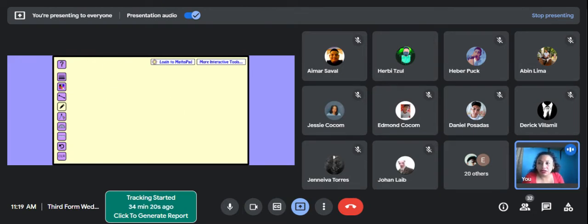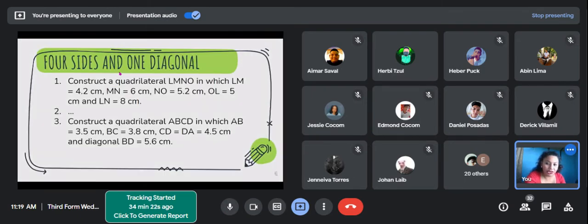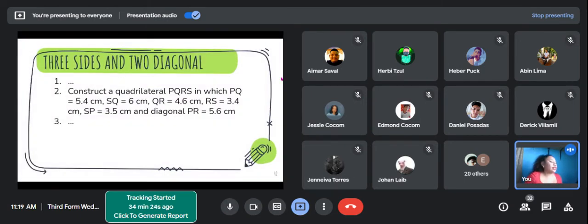Let me share question number three. Question number three says: construct a quadrilateral PQRS in which PQ is 5.4, SQ is 6, QR is 4.6, RS is 3.4, SP is 3.5, and the diagonal PR is 5.6.